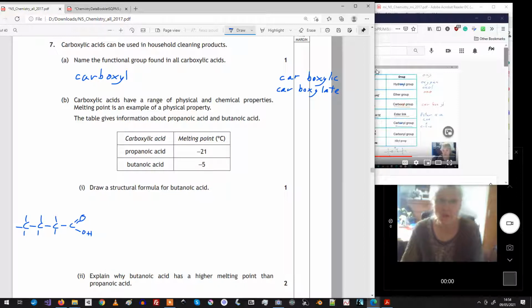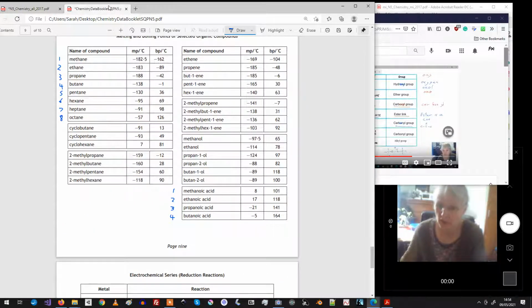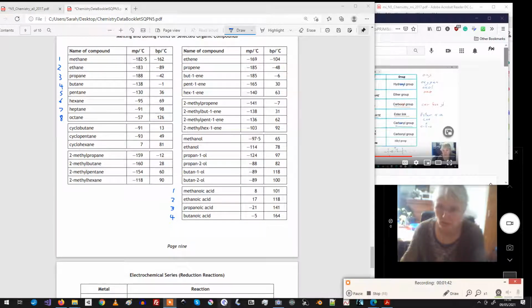If I go to the data book, why won't it let me? There we are, data book. You can see that they've written down some of the acids: methanoic acid, ethanoic acid, propanoic, butanoic. And methanoic has one carbon. Let me just draw it. So methanoic would be like that.